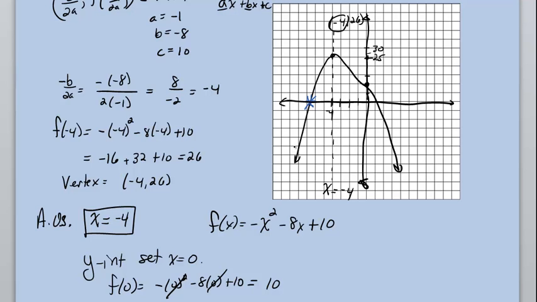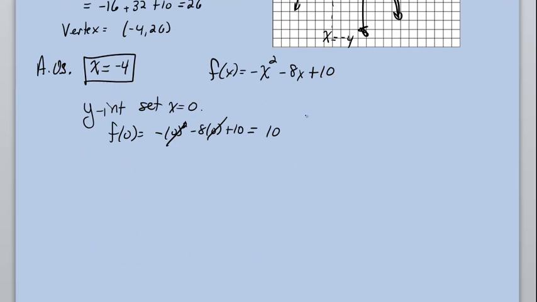I know this is not perfectly a parabola, but I want to make sure we can see that it intersects at this critical point, 0, 10. So we're going to expect an x-intercept on the positive x-axis and another on the negative x-axis. Let's find them using the quadratic formula.